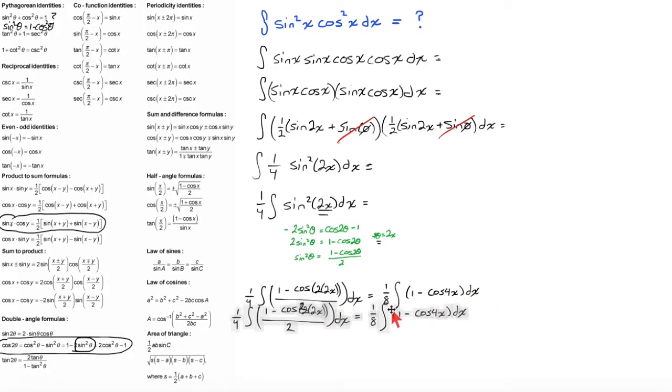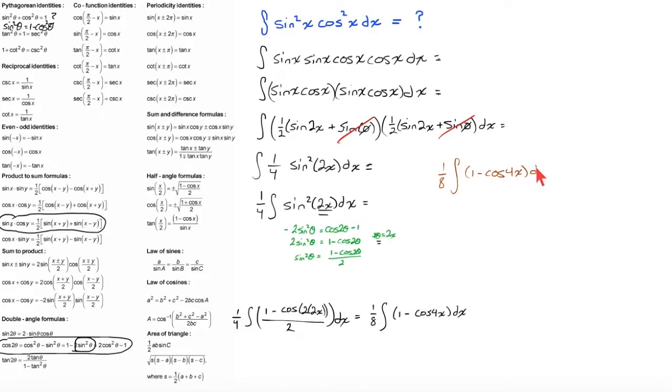So let's just take this, give myself some room here. I'll try and finish it, maybe up here in a different color. We have 1/8 the integral of 1 minus cosine of 4x dx. We'll say 1/8 integral of 1 dx minus integral of cosine of 4x dx. 1/8 integral of 1 dx is x.